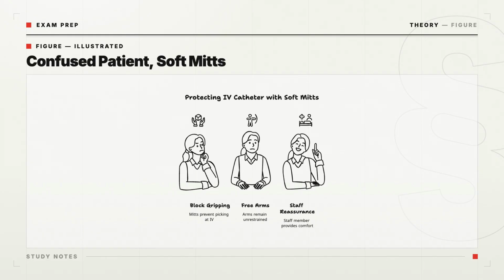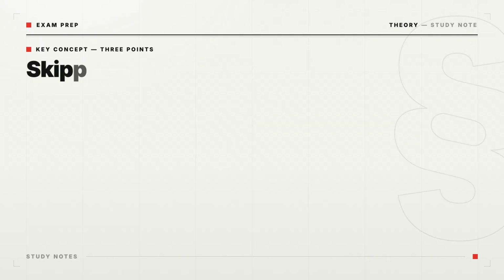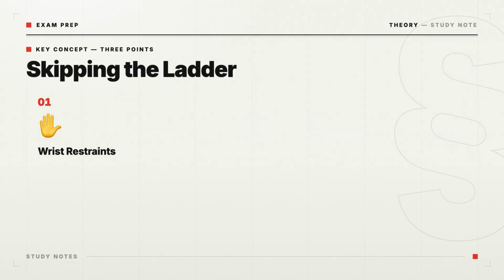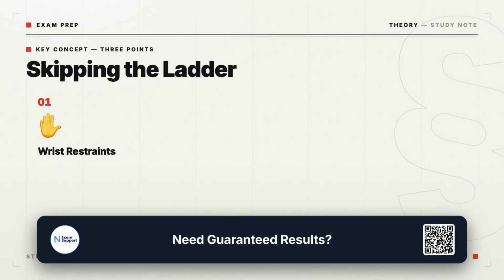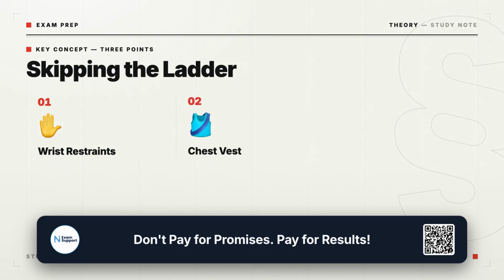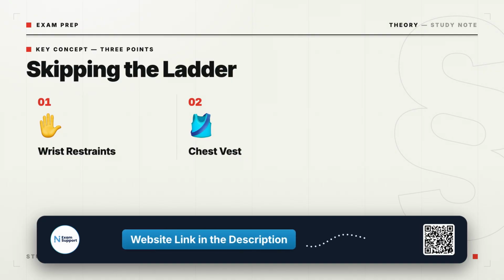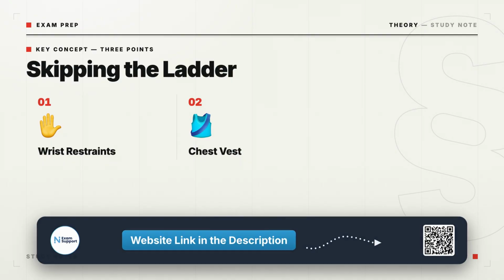Consider a confused older man who keeps tugging at his IV line. The least restrictive response reorients him with a calm voice, slips soft mitts over his hand so he cannot grip the side, and keeps a staff member close by, protecting the device while leaving his arms free. The trap exam writers set is the reflex to reach for a device that sounds safe. 4-point wrist restraints, a chest vest, or a syringe of a benzodiazepine all promise fast control, but all three skip the ladder entirely.